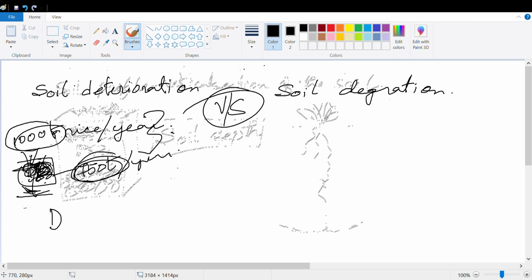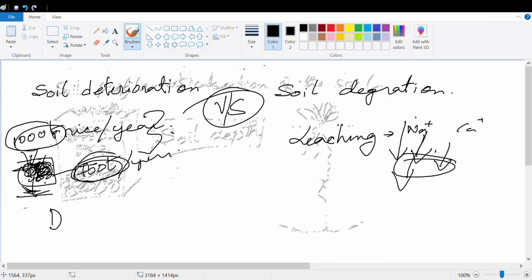Now let's see what soil degradation is. Before I discuss soil degradation, I need to tell you about leaching. Leaching is what happens when more salts are present, like if there is more sodium ion or calcium ion present, and it goes below the surface, excessive leaching.